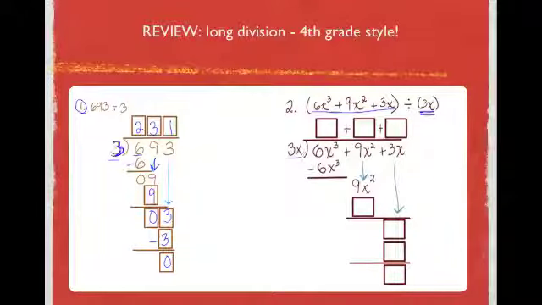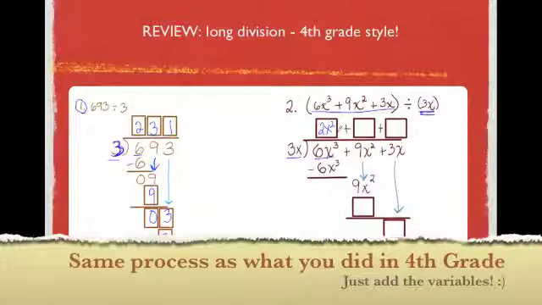How many 3x's does it take to make 6x cubed? And that would be 2x squared, because 2x squared times 3x gives me 6x cubed. Then I subtract and I get 0. And I bring down my next term, my next monomial, which is 9x squared.